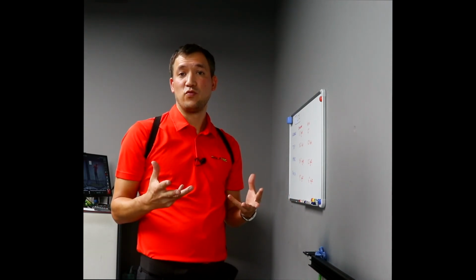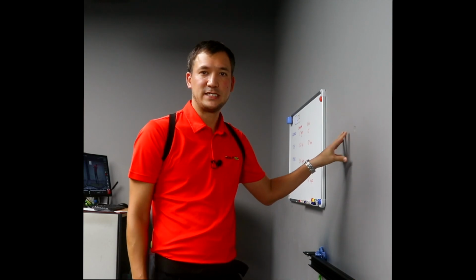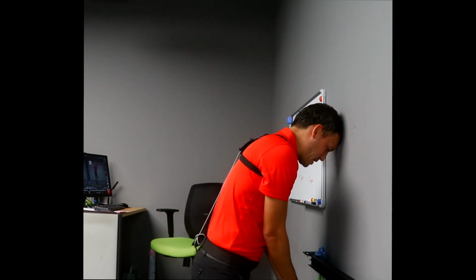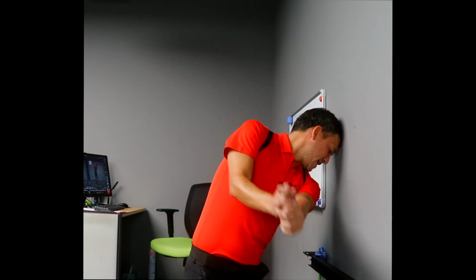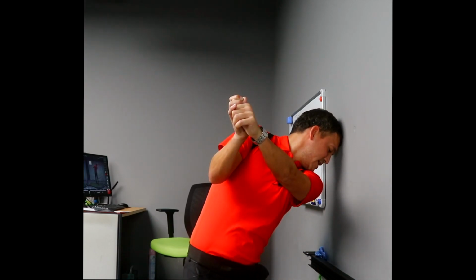Alternatively, if you need something more specific, then my favorite drill is the head against the wall drill, which is basically positioning your head against the wall. And when you take your backswing, you need to make sure that your forehead doesn't leave the wall.